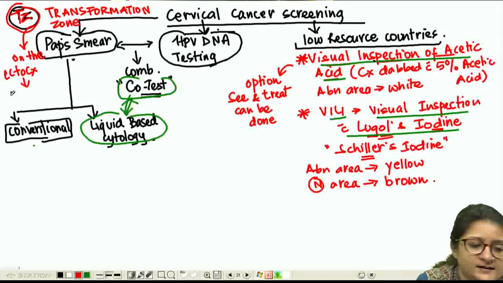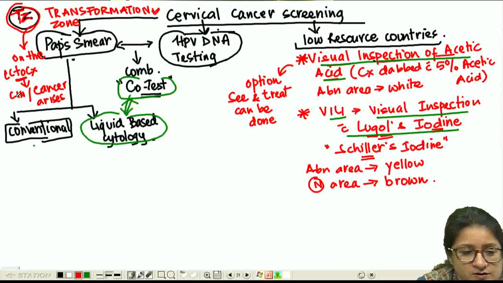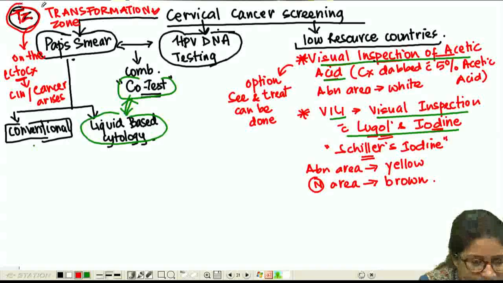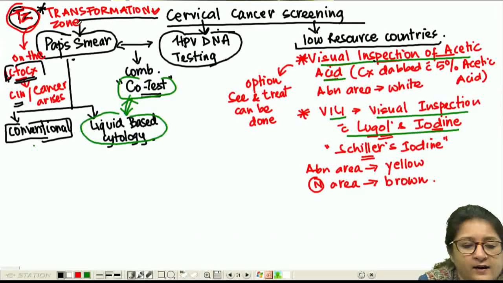It is here that CIN or cervical cancer arises. It is nothing but the area on the ectocervix between the old squamocolumnar junction and the new squamocolumnar junction. So as a last minute point to remember, it is the transformation zone we are sampling, taken from the ectocervix, and this is where CIN or cervical cancer arises.